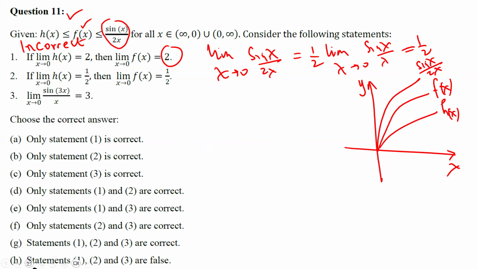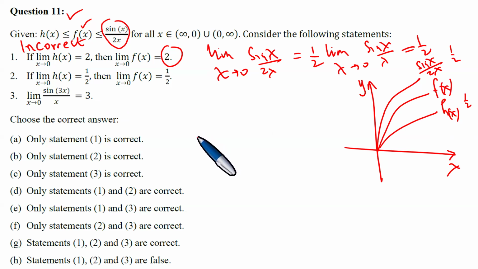As a consequence, the function f is between them. So if we allow the limit of h to be 1/2, as much as the limit here is 1/2, what would it mean as a consequence of that? You need to reason that out.